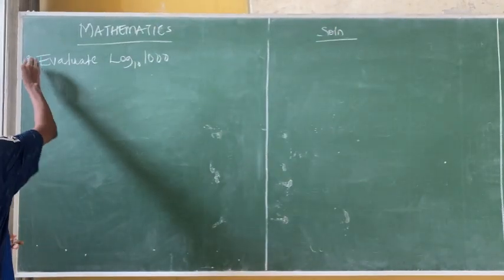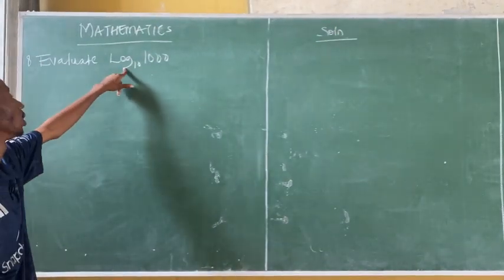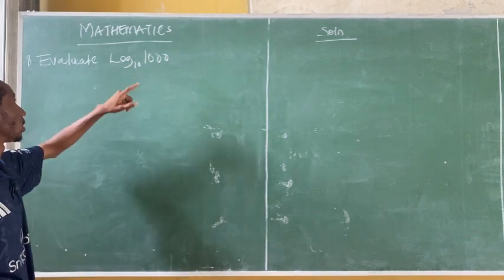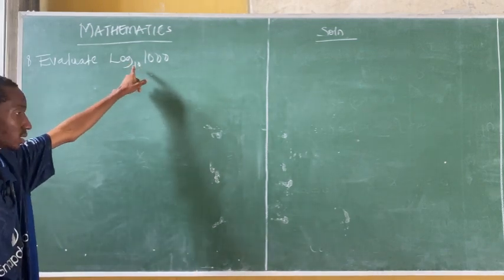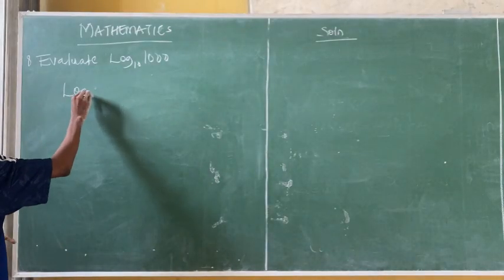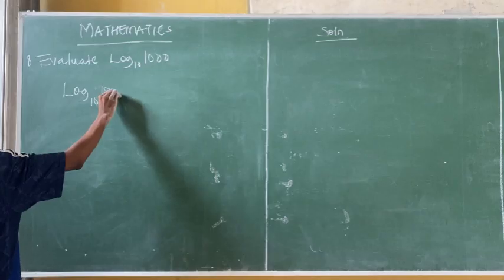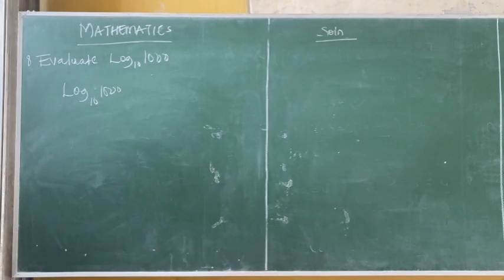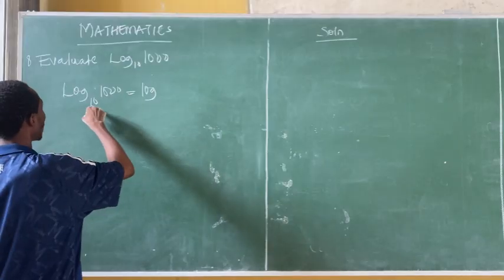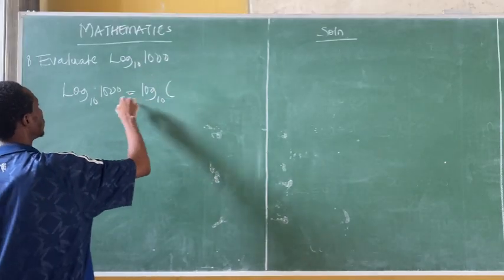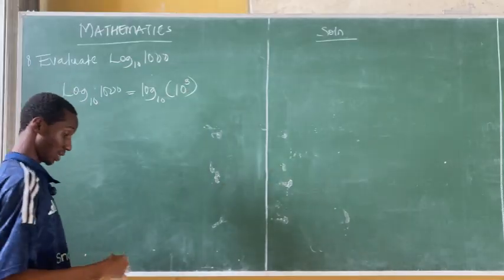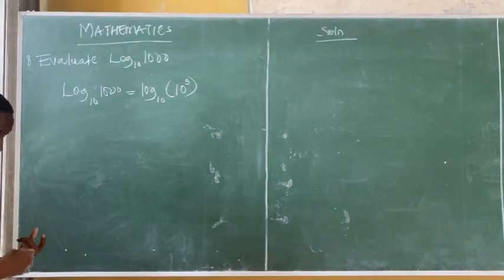Question 8 says, evaluate log 1000 base 10. We have log 1000 to base 10. Now, this is equal to log 10 raised to power 3, since 1000 is 10 raised to power 3, which is 10 multiplying itself 3 times to give us 1000.